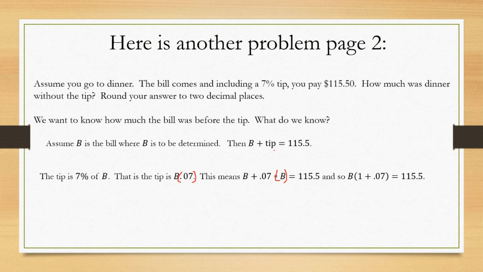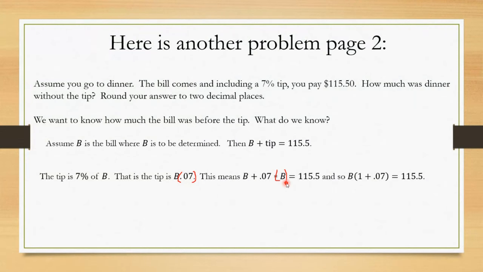If we put that into this equation, what we really have is B plus 0.07 times B. That's actually what we have here. So again, the tip is 7% of B, and 7% of a number is the number times 0.07. So we're plugging that into the equation.